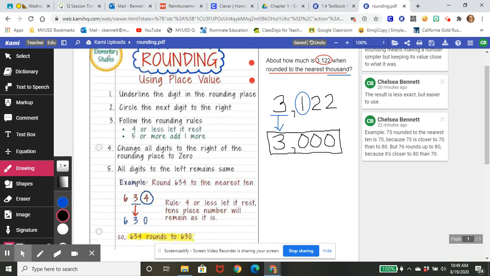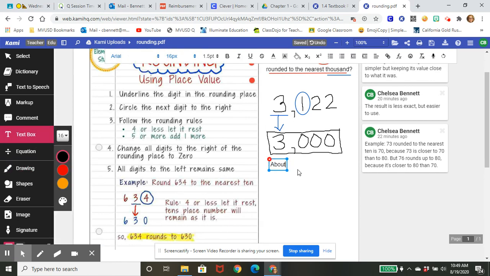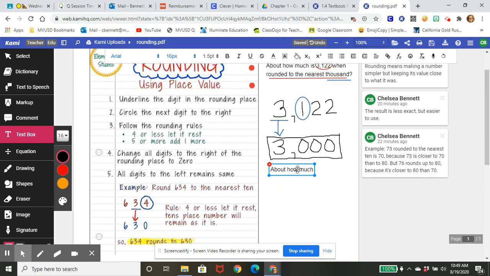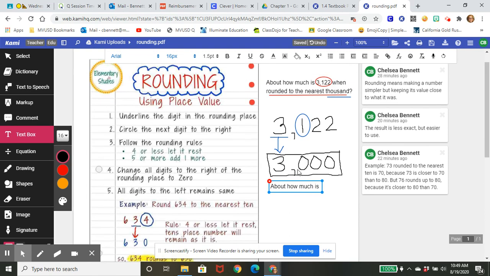Okay, let's do another example. I'll have to write another question. About how much is, let's do a bigger number, 954,567, when rounded to the nearest 10,000?